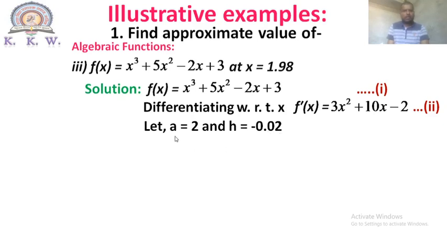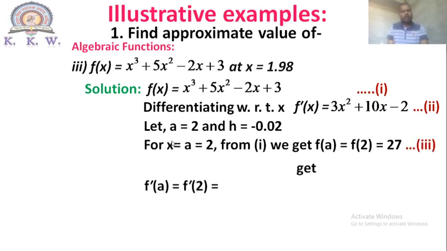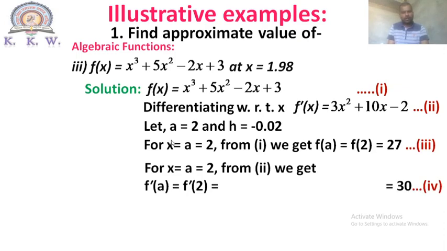Now put this value x is equal to a is equal to 2 in f of x and f dash of x. Get f of a and f dash of a. F of a is equal to 2 cube plus 5 into 2 square minus 2 into 2 plus 3. On calculating this value, we will get f of a is equal to 27. And f dash of a is 3 into 2 square plus 10 into 2 minus 2. We will get f dash of a is also 30.